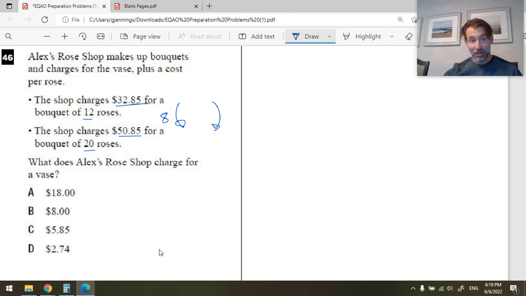That's plus 18. So the m is equal to 18 over 8. M is equal to 9 over 4. Just reduce it right away, and then you have a number that's easier to work with.